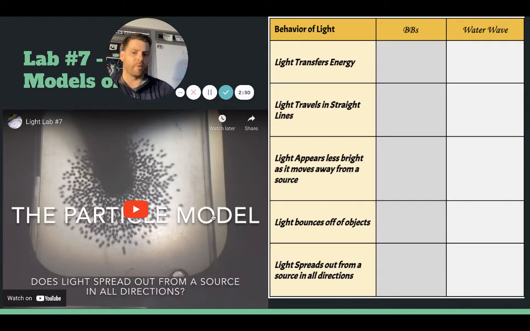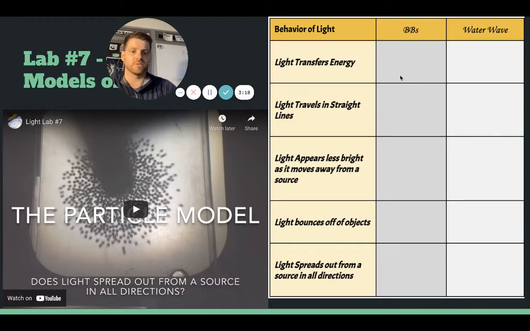We'll use the particle model, which we'll represent with BBs, as we can see in this column on the left. And we'll use water, which will represent the wave model, as we see in this column on the right. So the video goes through and it says the particle model, and then underneath of it, it'll say something like light transfers energy. If we believe in that clip that light is transferring energy, then we would put an X in this box right here.